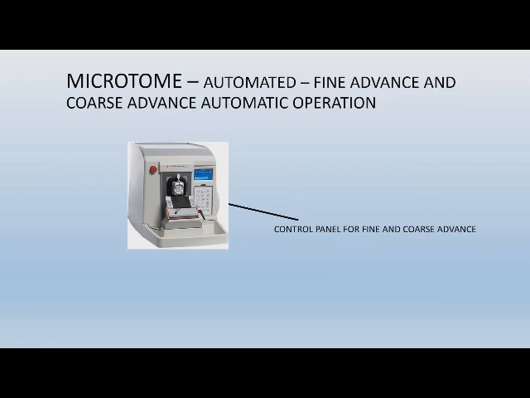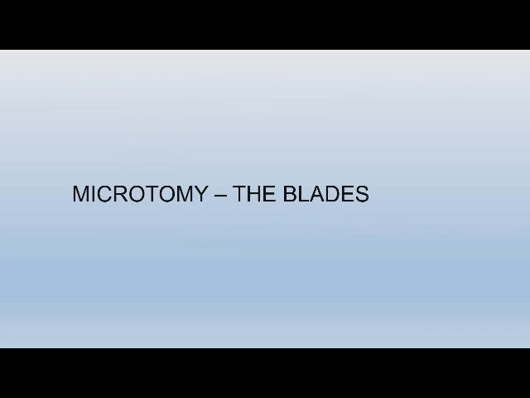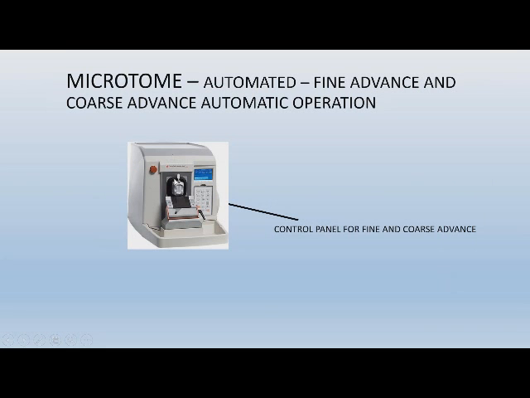Okay, so if we have a fully automatic microtome, then both advances are automated, and there are some really nice models out there. Going back just a second, one of the nicest features of a fully automated microtome is the fact that it will automatically home for you.